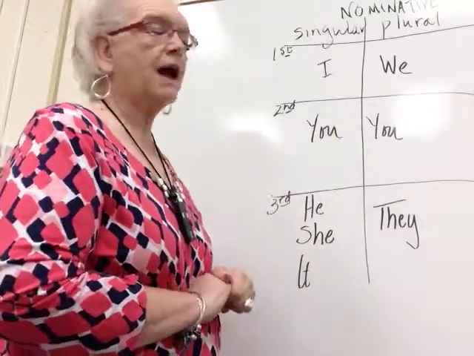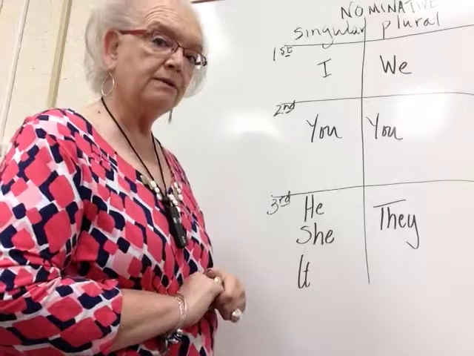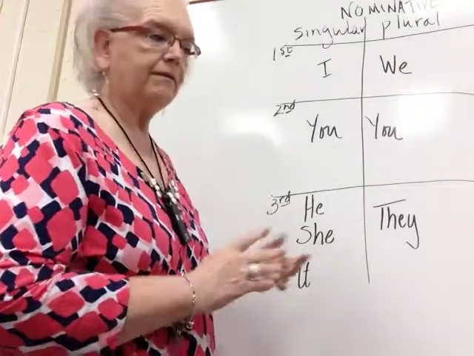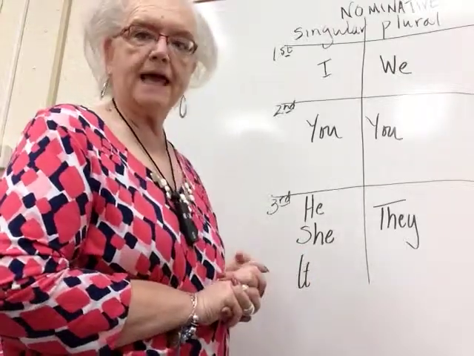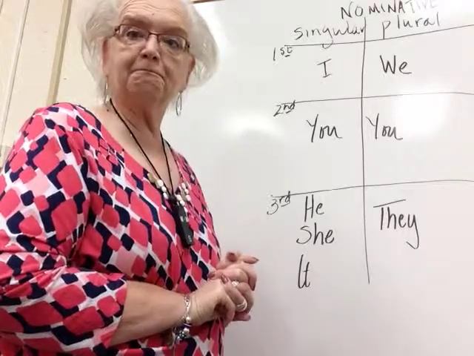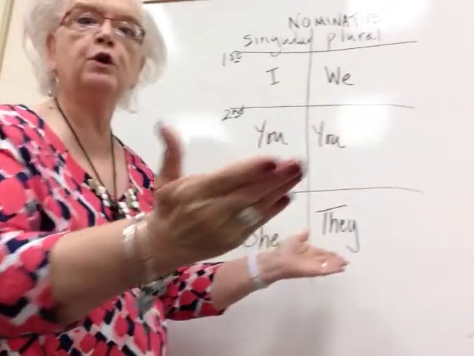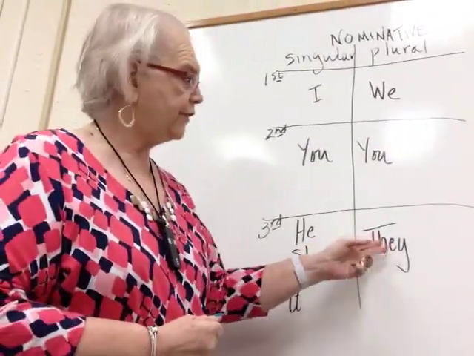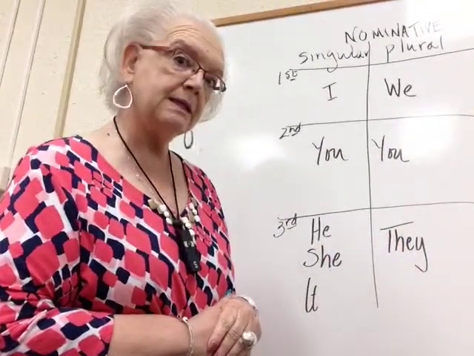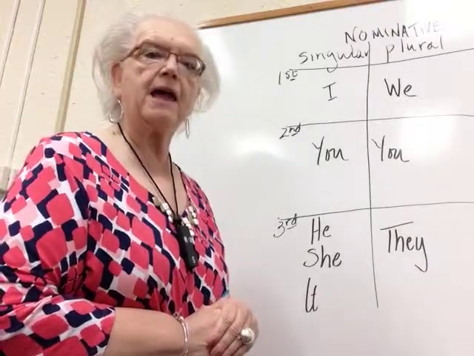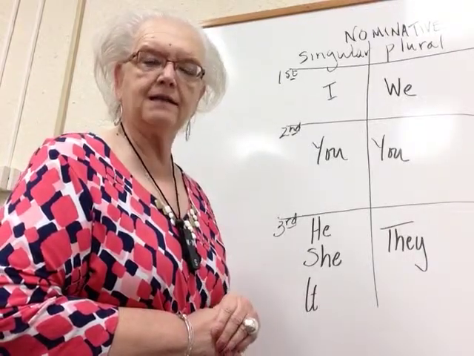Let's move over to the right to the plural pronouns. Again, first person, plural, we, many people, right? Second person, plural, you, when I'm talking to all of you students. Third person, plural, we're talking about somebody, and that's the they pronoun in the nominative case.